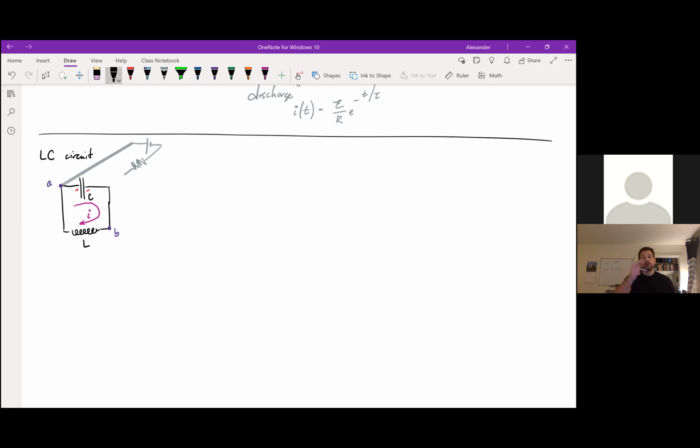If we follow the current in a loop from A to B and back, our Kirchhoff equation for this circuit, we have the voltage across the capacitor, which is negative. As we go from the positive terminal to the left, that's a potential decrease.